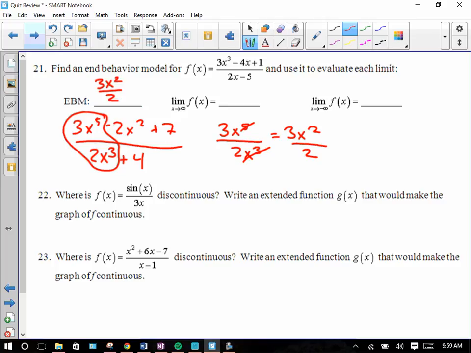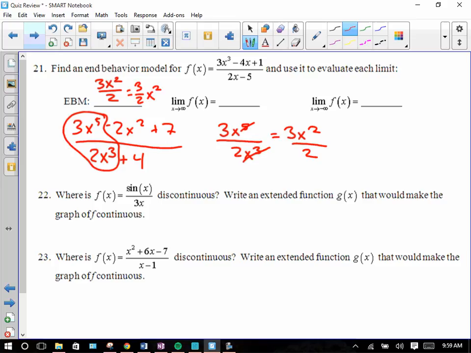Now to figure out the limits, this is a quadratic, the same as saying 3 halves x squared.